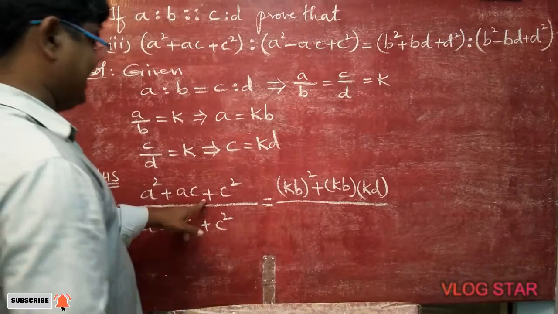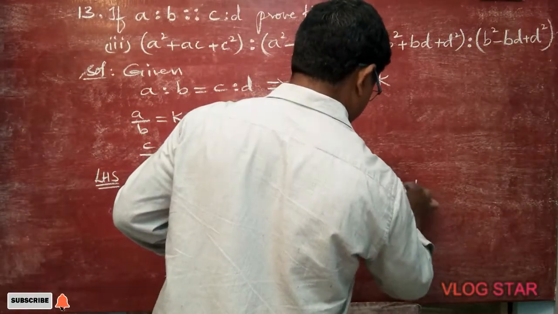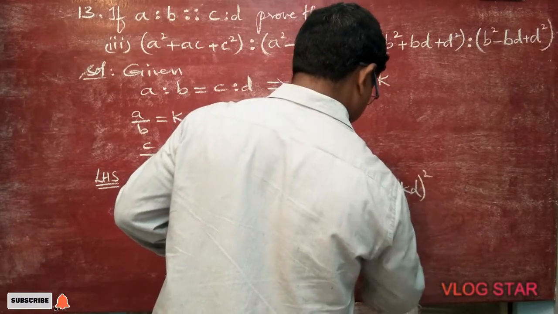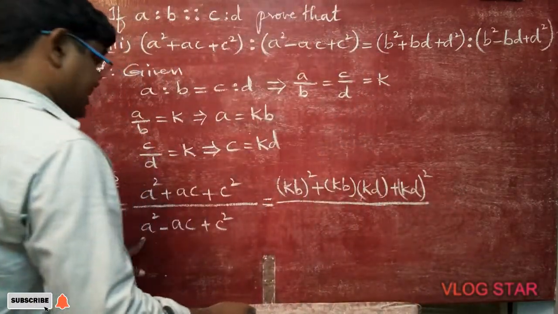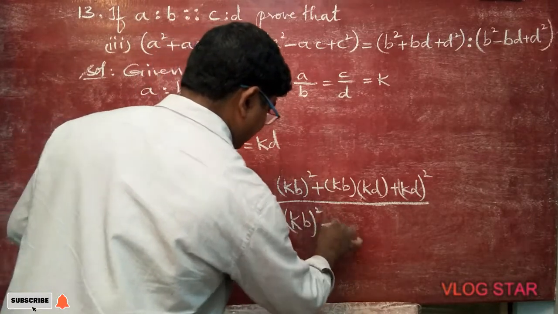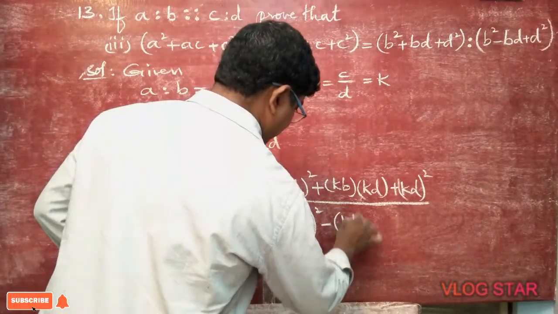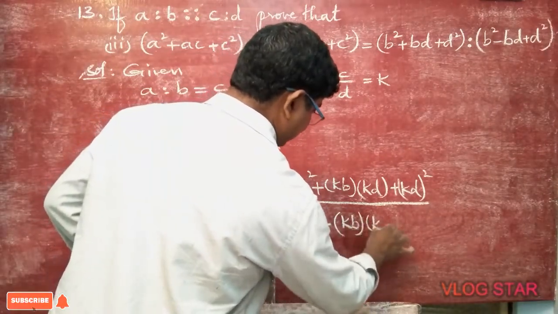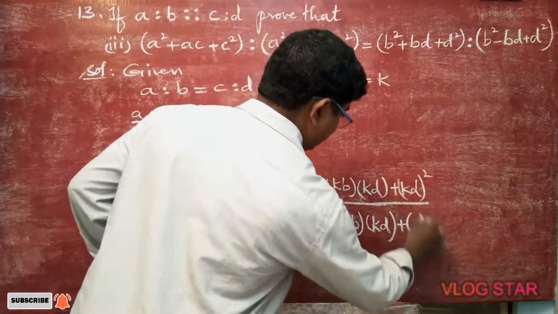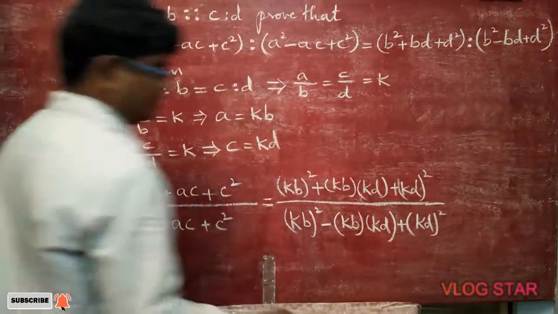Now A square again KB whole square. Here minus this time. Here plus is there, there minus, that's all. KB into KD plus KD whole square.